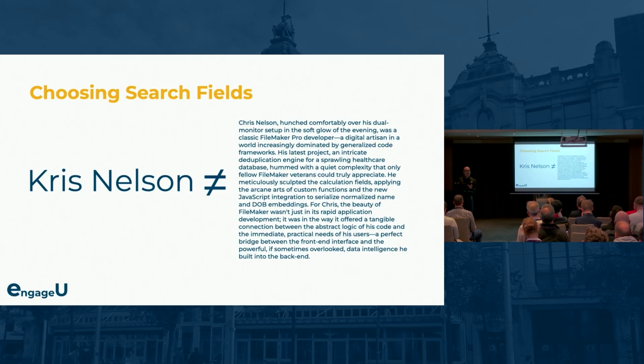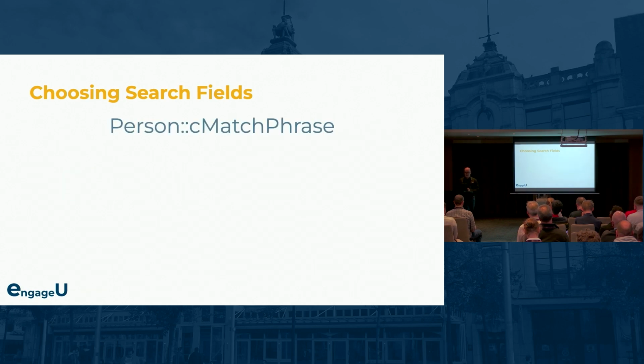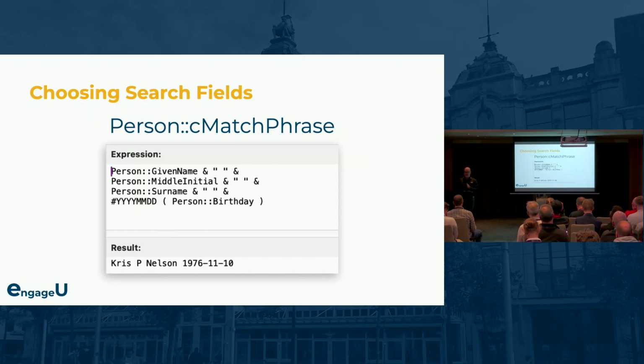This being the case, we only need to create vector embeddings for a selection of fields used for matching. There's any number of ways you might approach this, but the method I've used with success is to create a calculated field, like a concatenated field of a short match phrase that, if identical to your search query, would represent a perfect match. So if you're searching for a person, you might create a calculation field consisting of first, middle, and last name, and date of birth.